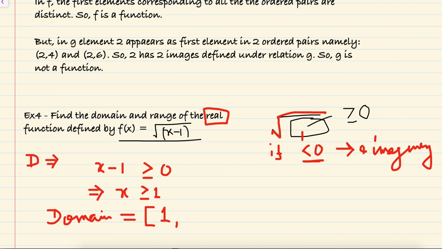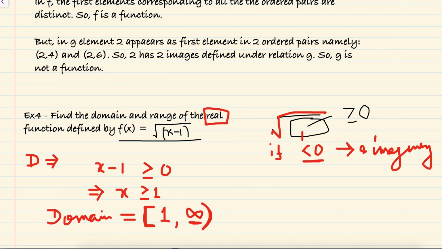so when we write this square bracket, it means including 1, and with infinity we always use this small bracket. It means not including this. With infinity we will always use this because infinity is never included, and this square bracket means 1 is included.